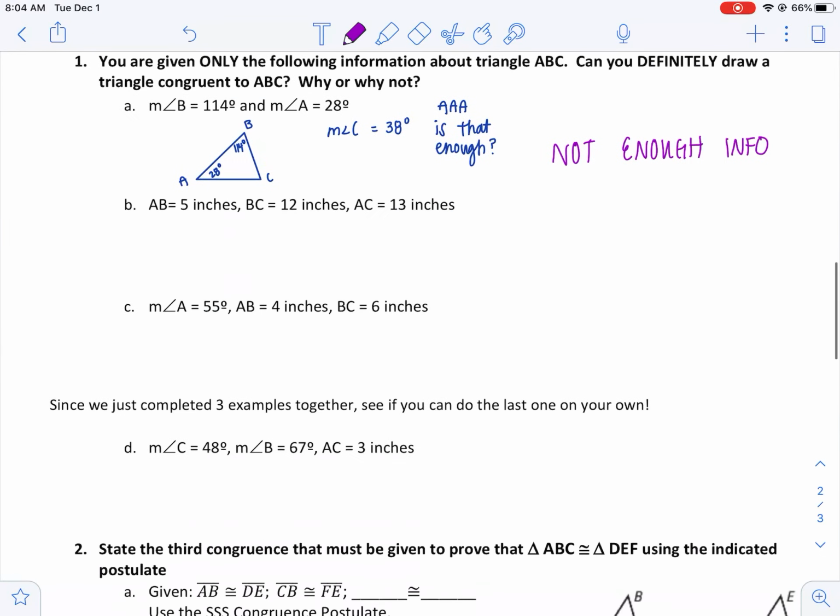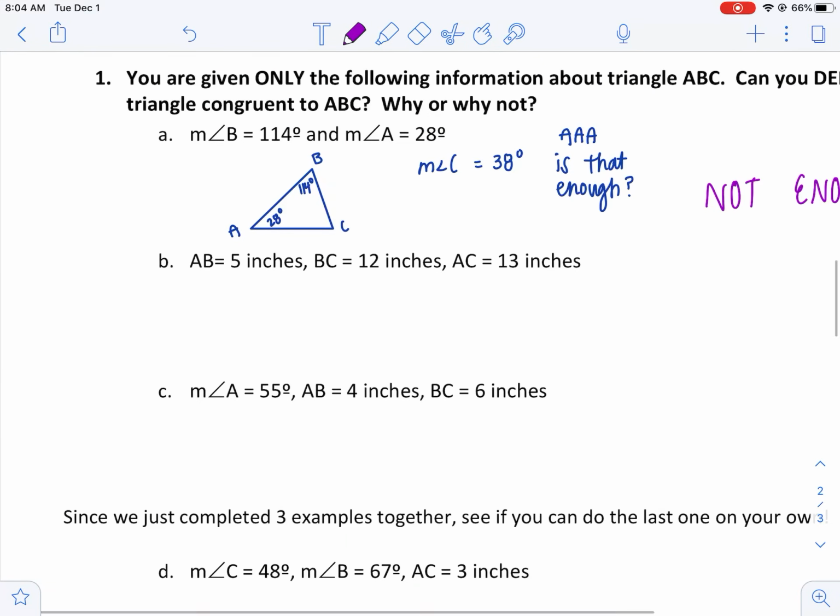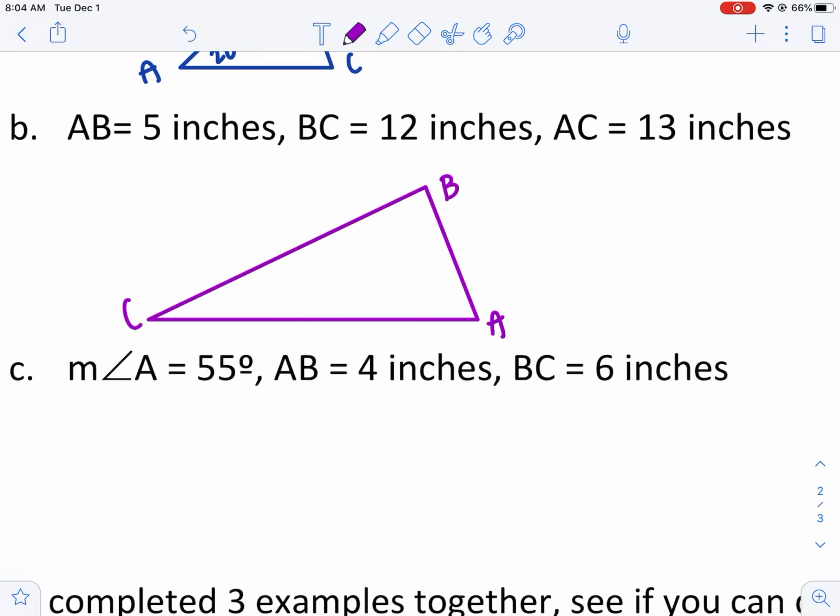All right, now let's look at this guy. We've got ABC. Let's make this guy A. So AB is 5 inches, BC is 12 inches, AC is 13 inches.